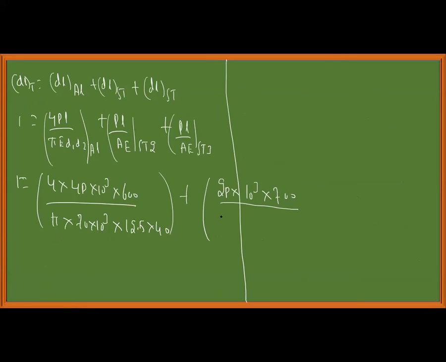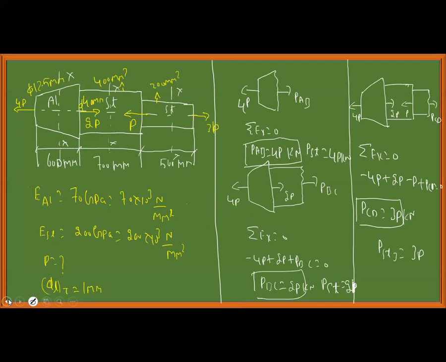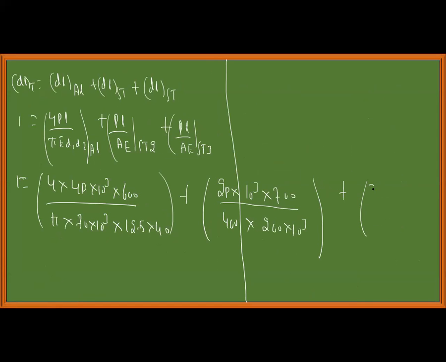PL by 400 into Young's modulus 200 GPa, 200 into 10 power 3, plus P steel, sorry, it's 3P. 3P into L 500 by area of cross section 200 into 200, into Young's modulus 200 into 10 power 3.